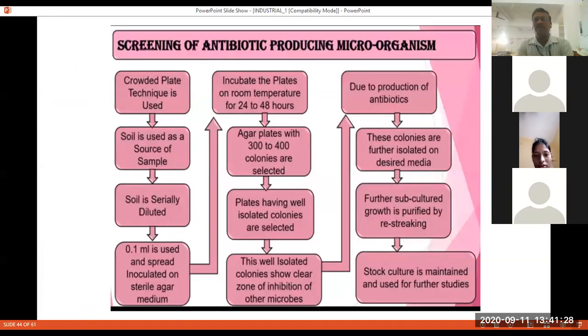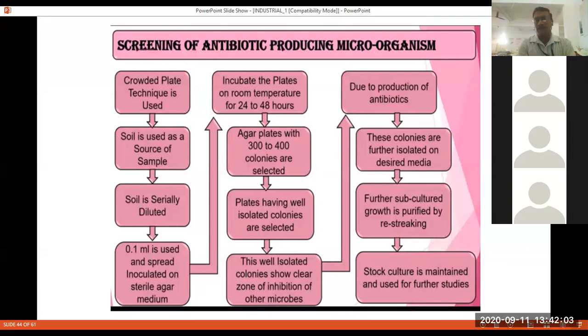Now today we will study the very important industrial aspects regarding the screening of antibiotic producing microorganisms. As industrial microbiologists, our main interest is in two aspects: the first is the primary metabolites, and the second is the secondary metabolites.